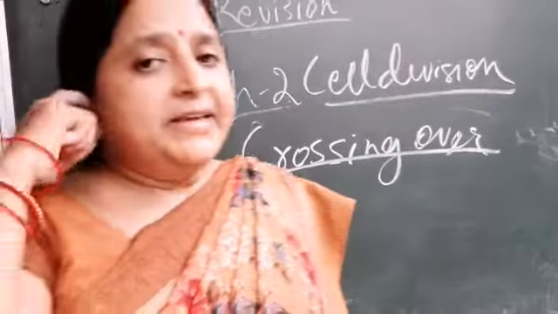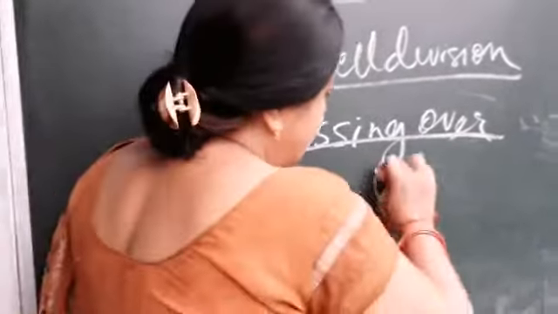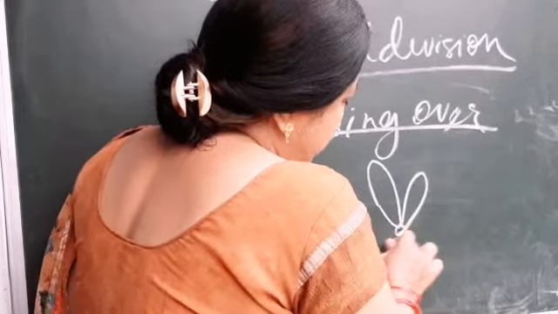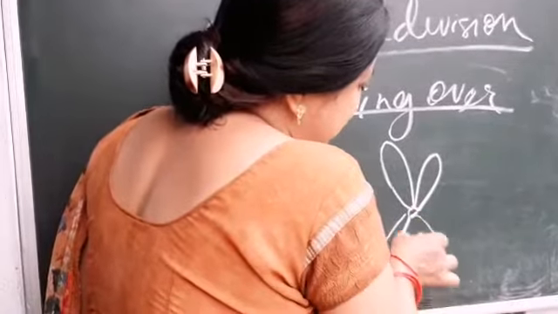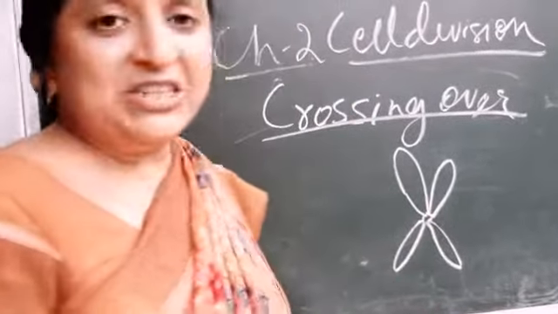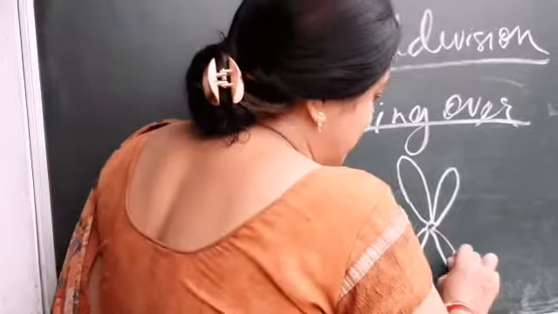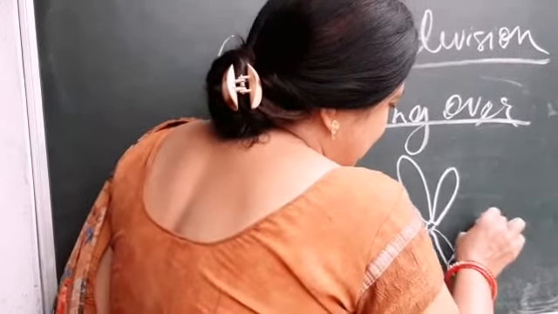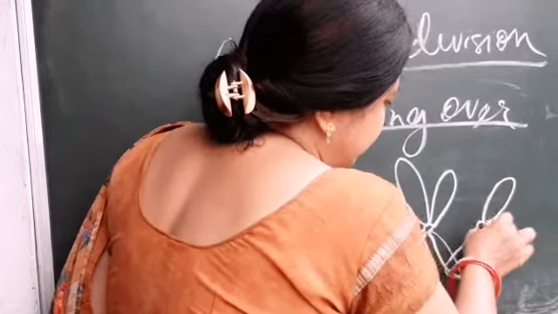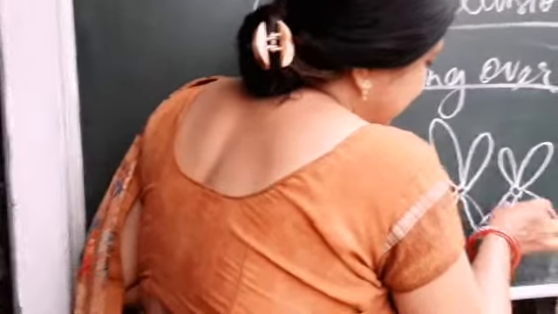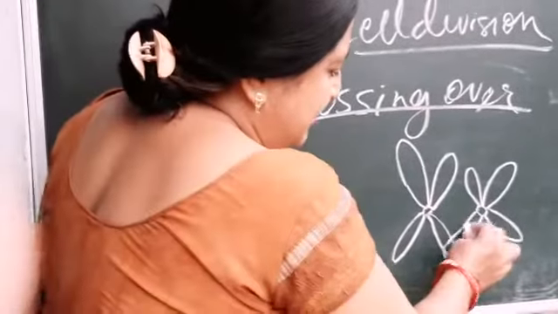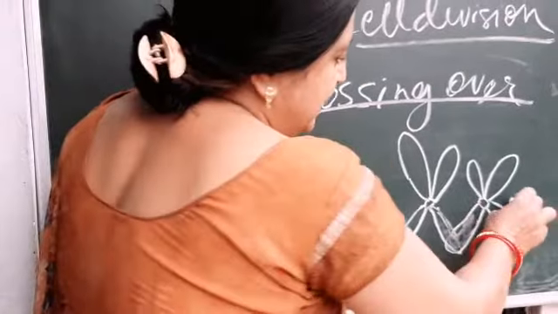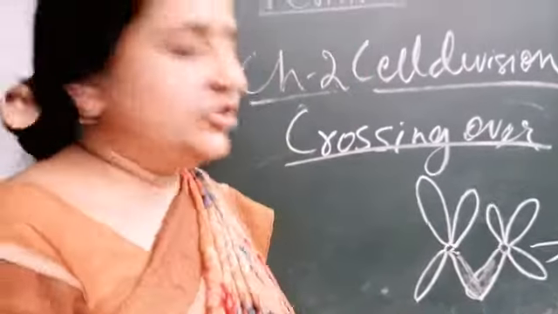Crossing over is the crossing of chromosomes, of paternal and maternal chromosomes. Paternal means from the father, and maternal means from the mother. In this way, when the chromosomes cross, the exchange of material takes place, and this process is called crossing over.